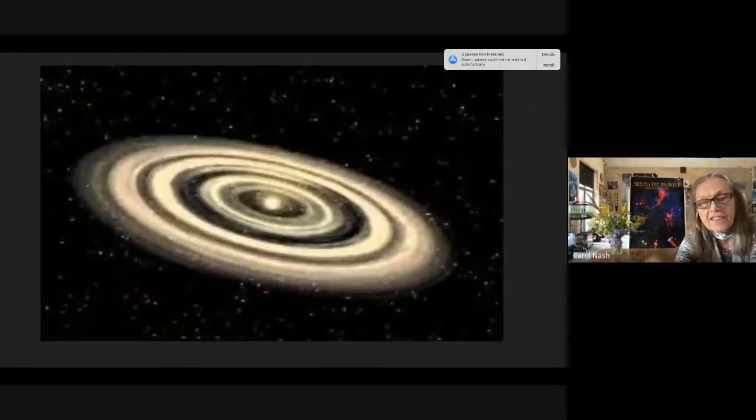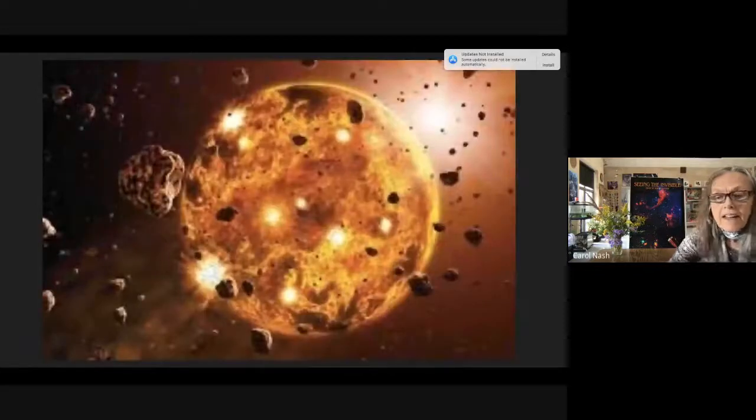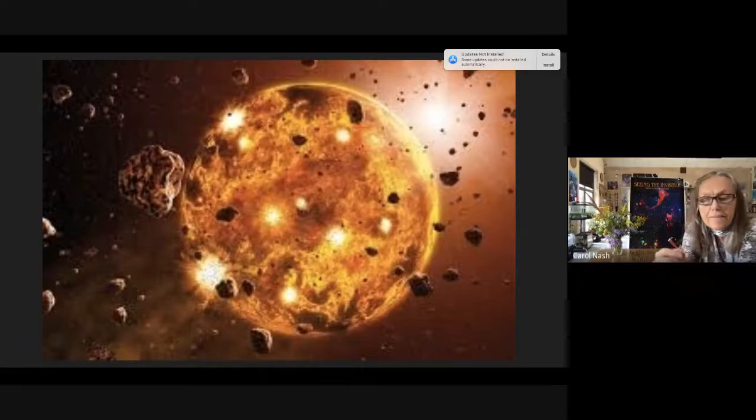So again, you can see those rings around the new star. And these are the planetesimals. As they get larger, then they have their own gravitational attraction to the smaller bits around them. And then they can become larger and larger.